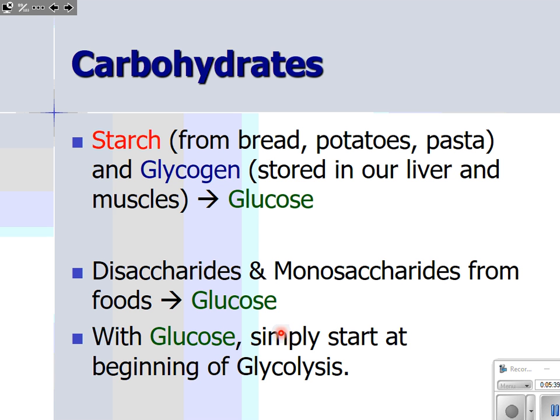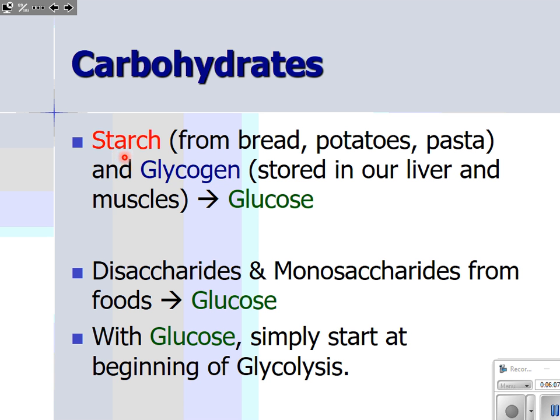I say easiest just because every carbohydrate can either directly or indirectly be converted into glucose. So, for example, when I eat bread or potatoes or pasta, all of those foods contain starch. And if you remember anything from Unit 1, you remember that starch is a polymer of glucose.